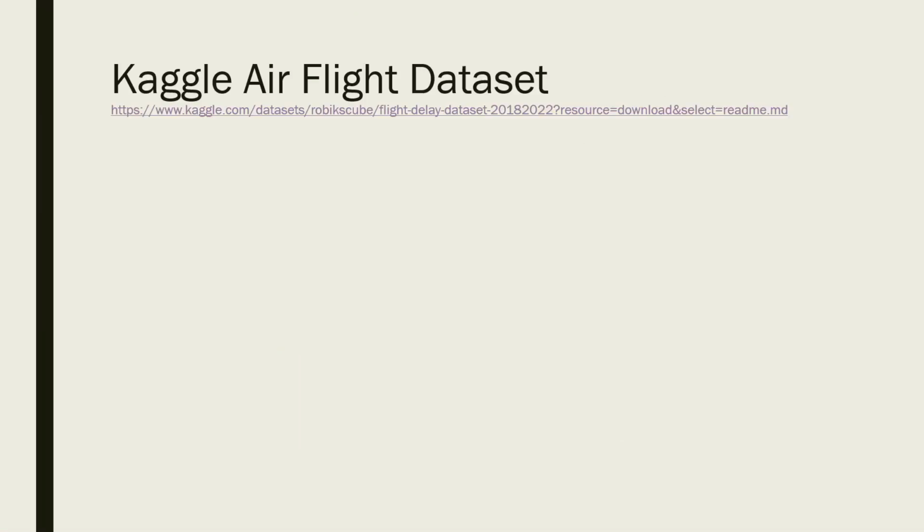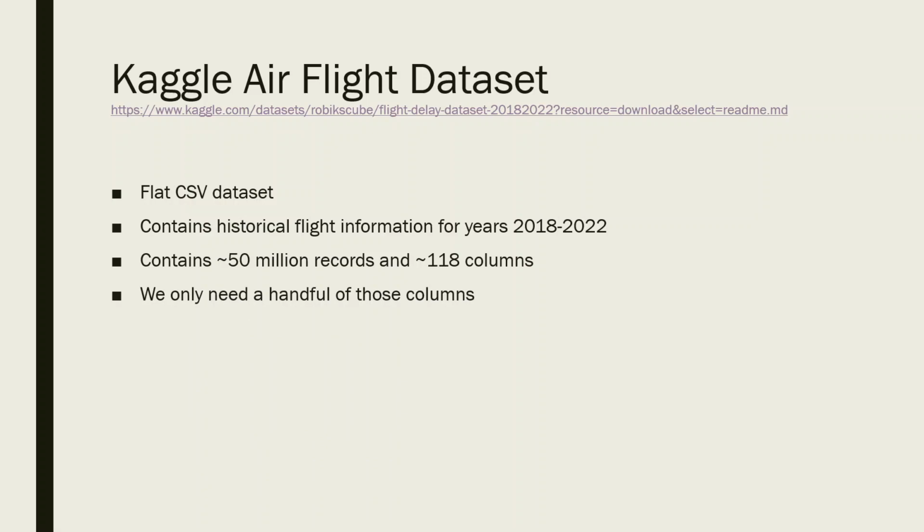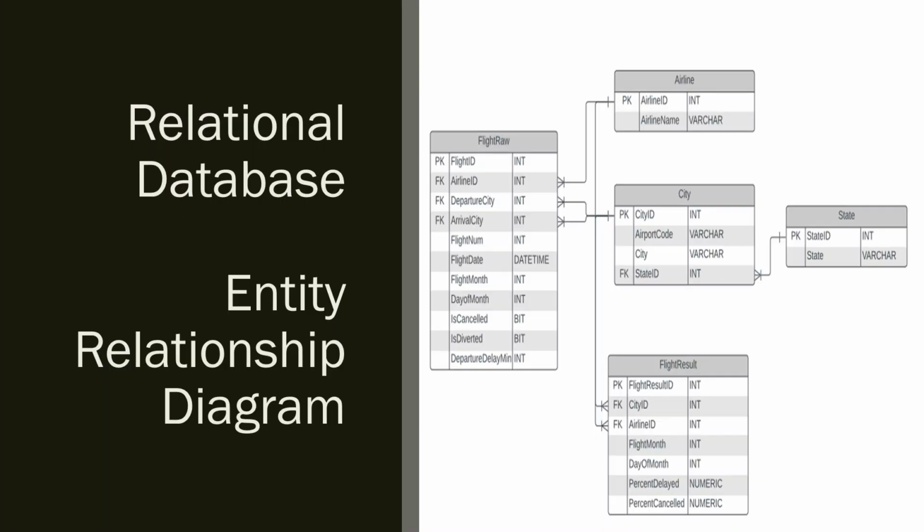So we used the Kaggle Airflight dataset. This is a flat CSV file that contains historical flight information for 5 years, covering 2018 through 2022. It has around 50 million records and 118 columns, not all of which we need. Plus, we need to normalize the data into a relational data model, which we did.